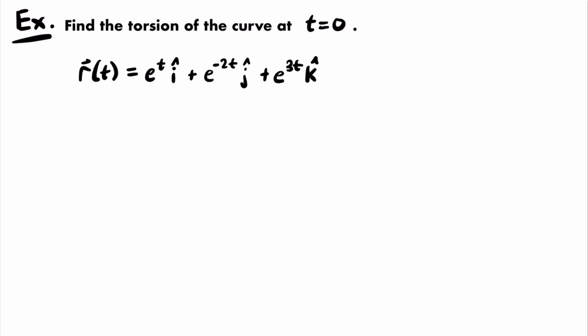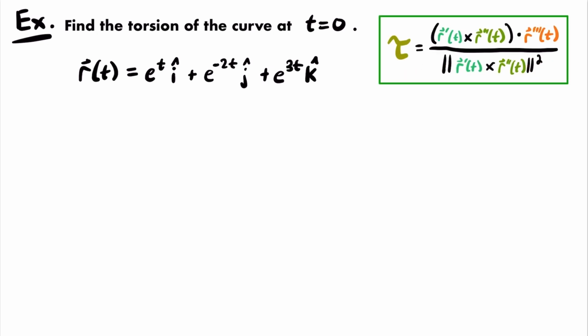So the way we go about this problem can be a little bit different, and let me explain what I mean by that. We're still going to use the same formula that we've been using so far, but we don't have to work in terms of t. What we can do is use this formula, but where all of these vector functions are evaluated at t equals 0. In other words, we can find the torsion at t equals 0 like this.